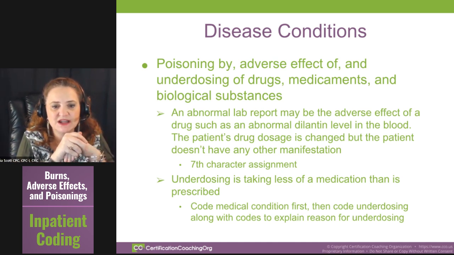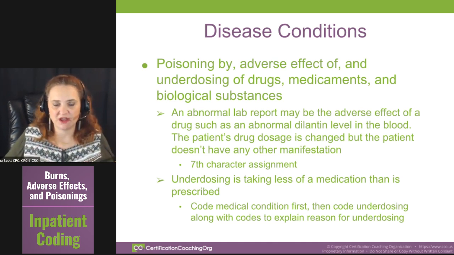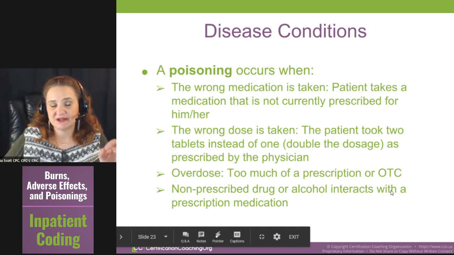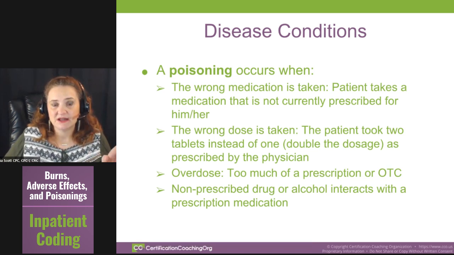Now, underdosing, when you're taking less medication, you're going to, again, code the medical condition first, then the underdosing, and explain the reason for the underdosing. Maybe the person gained weight, right? No, the underdosing happens with my son that has epilepsy. He's 14. Well, what happens to 14-year-old boys between 14 and 18 years old?